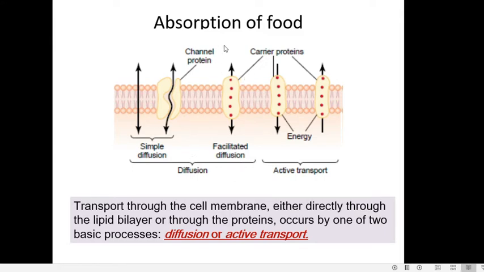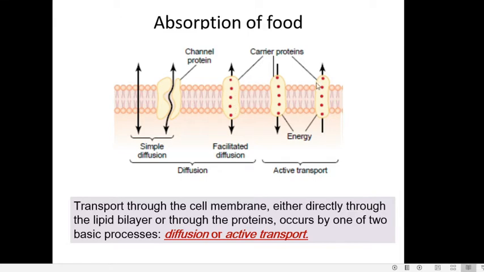Suppose this region is the lumen of the intestine and this is the cell interior, and the digested nutrients have to traverse this membrane to reach the cell interior from the intestinal lumen. This is the place where digestion has taken place and the end products of digestion are here, and from there the substances have to come into the cell.